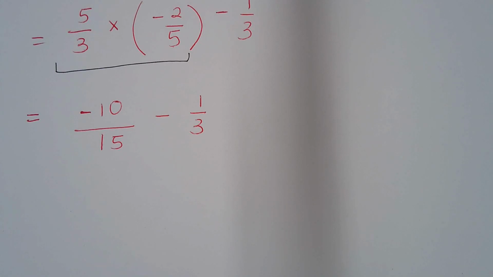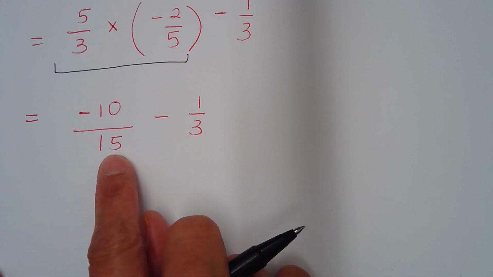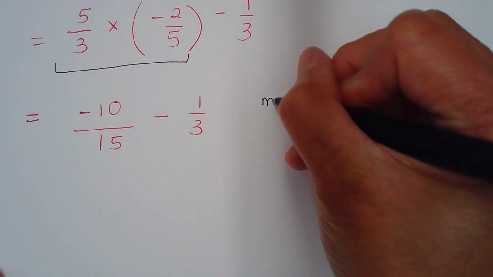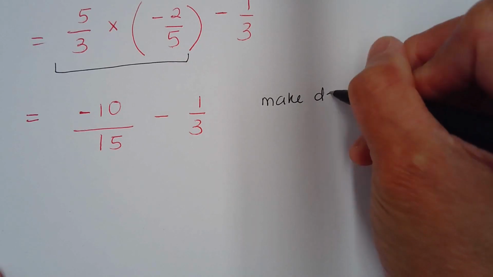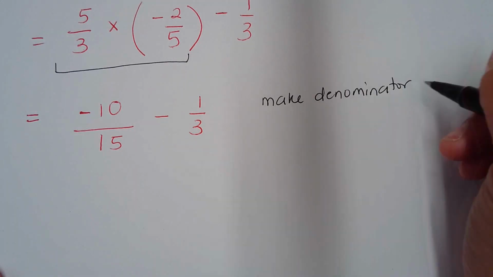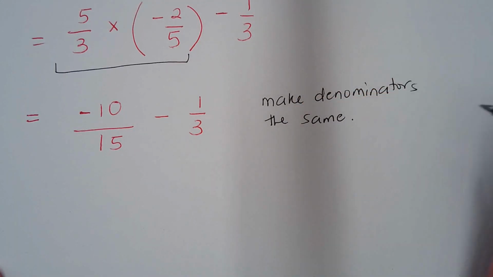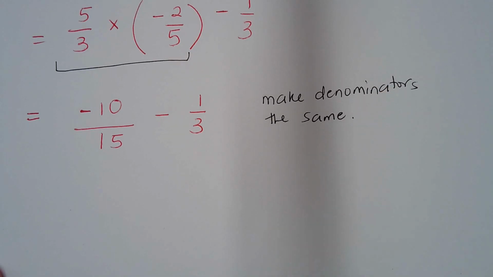What do you think we should do next? In order to subtract, the denominators have to be the same. So make denominators the same. How do we make denominators the same?